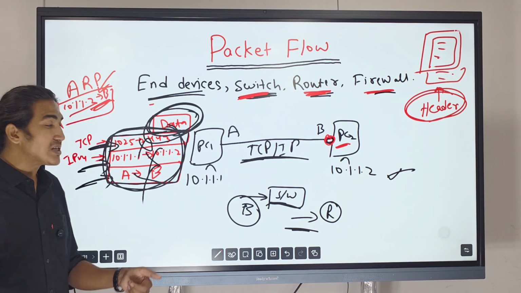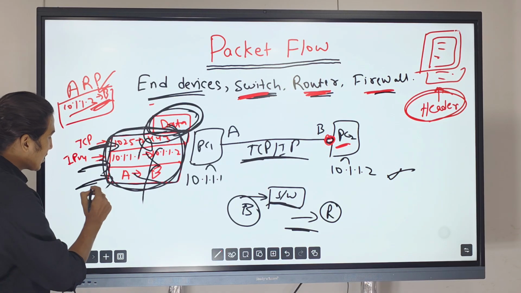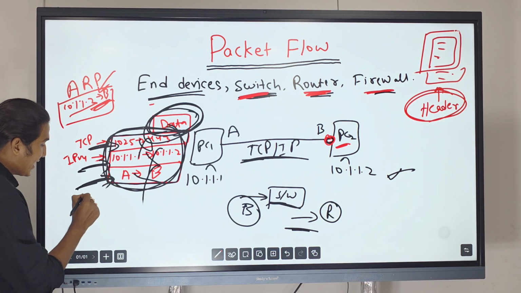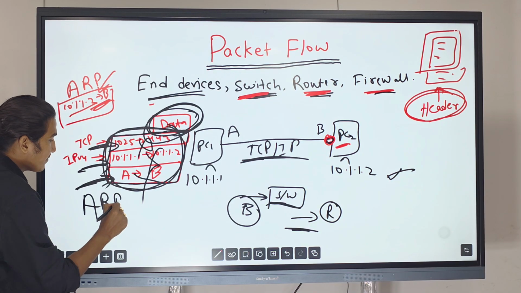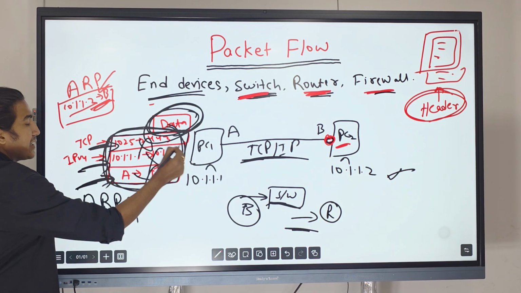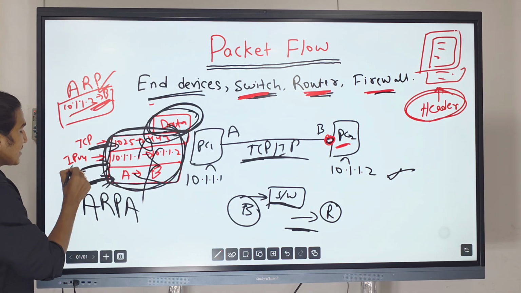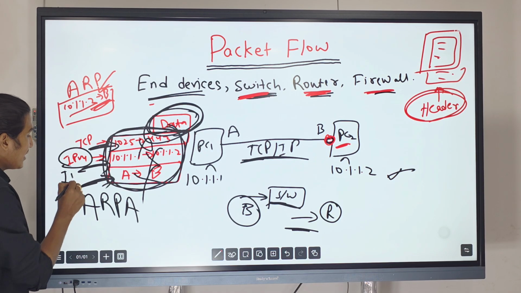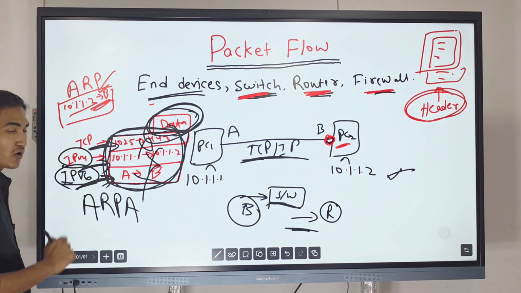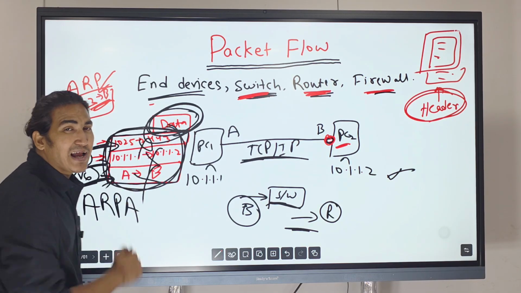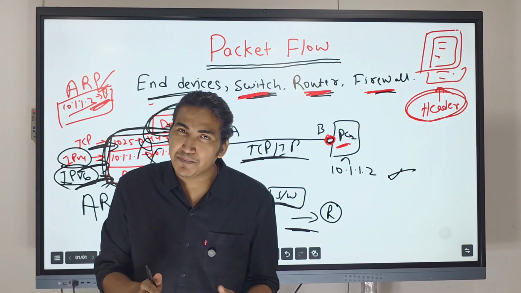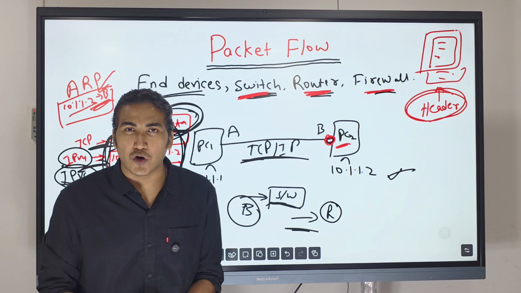Right? Which protocols are adding this extra information? So guys, the Ethernet header will be added by the ARP protocol. The IP header can be added by the IPv4 protocol, or it can be added by the IPv6 protocol. The transport layer header can be added by either the TCP or UDP protocol.